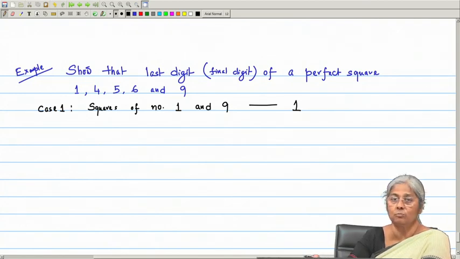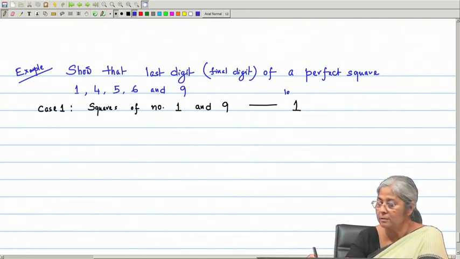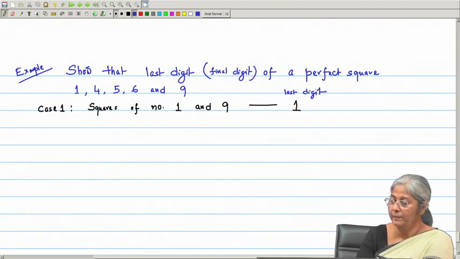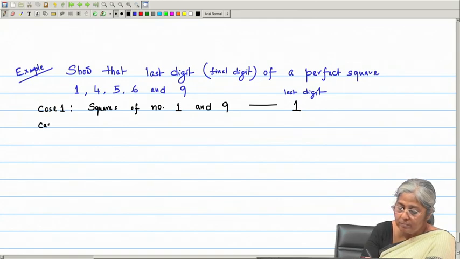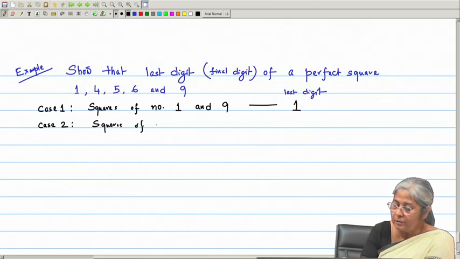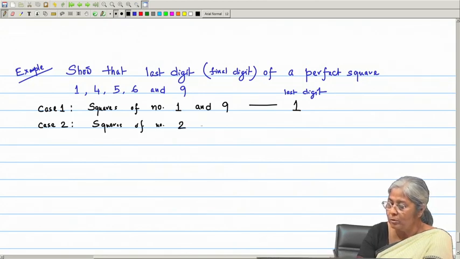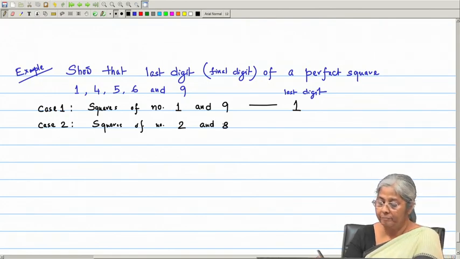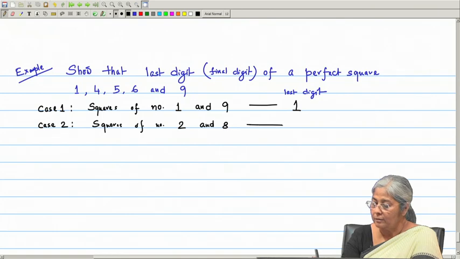So, the last digit is 1. Now, case 2, the squares of numbers 2 and 8 give 4 and 64, so the last digit is 4.